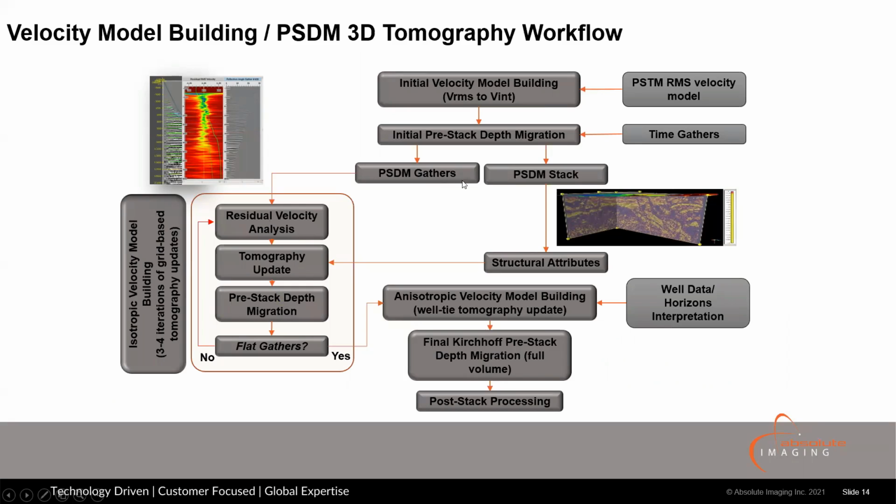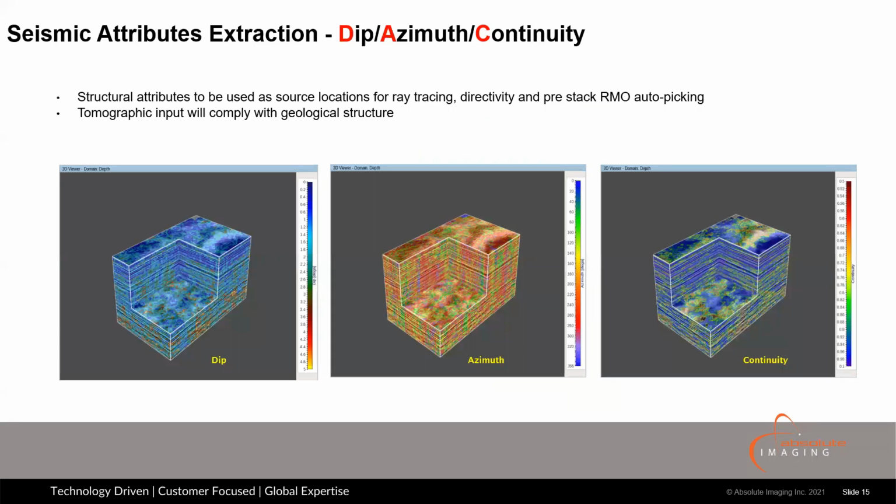Okay, the second block. Once we have this PSDM stack, we can extract the structure attributes out of it. That will help us later in the tomography, so that we can constrain our solution. The attributes extracted are depth, azimuth, and continuity, what we call DAC.